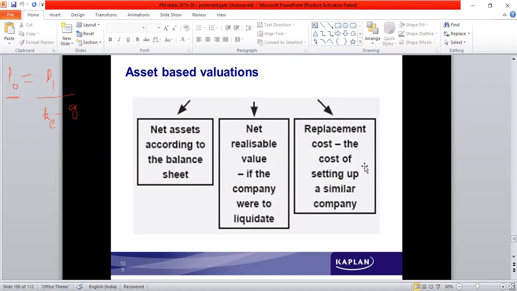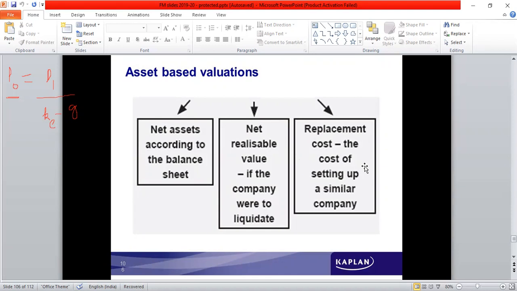Subject to some adjustment of depreciation, we keep adjusting the value of the asset according to the market value, or according to the method of depreciation. We assume that the value of the asset would reduce by this percentage, and then bring down the value of the asset. And the written down value is a value which is assumed to be realized when the asset is sold.